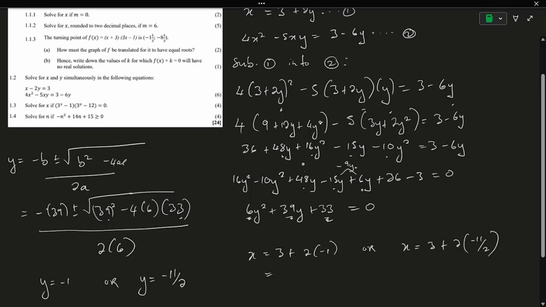So here we're going to have 3 minus 2, which is the same as 1, or x equal to 3. 2 and 2 will cancel out because they're multiplying. This is the same as 2 over 1 multiplied by negative 11 over 2. So 2 and 2 cancel out. So we'll only be left with negative 11. So this is the same as 3 minus 11 is what? Is negative 8. Right? So we have 1 and negative 8 right there.